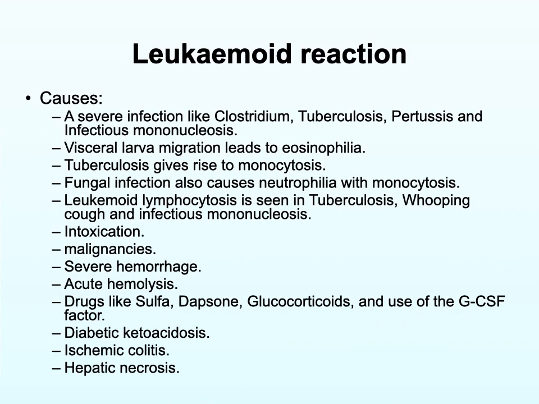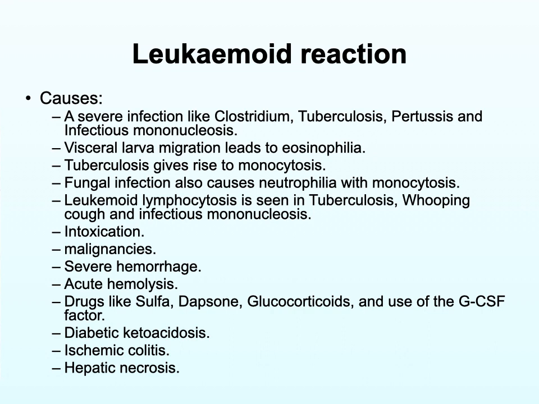The causes of leukemoid reaction include severe infections like Clostridium, tuberculosis, pertussis, and infectious mononucleosis; visceral larva migrans, which leads to eosinophilia; tuberculosis that gives rise to monocytosis; and fungal infections, which also cause neutrophilia with monocytosis.